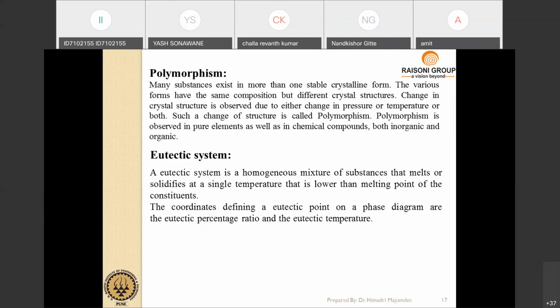The coordinates defining a eutectic point on a phase diagram are the eutectic percentage ratio and the eutectic temperature.